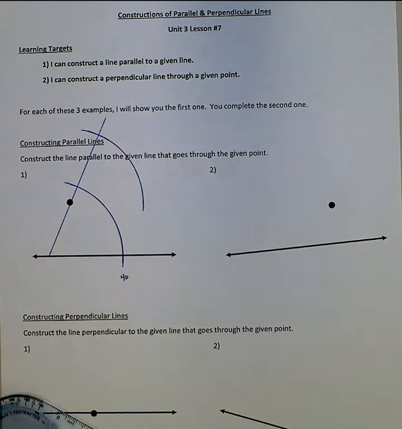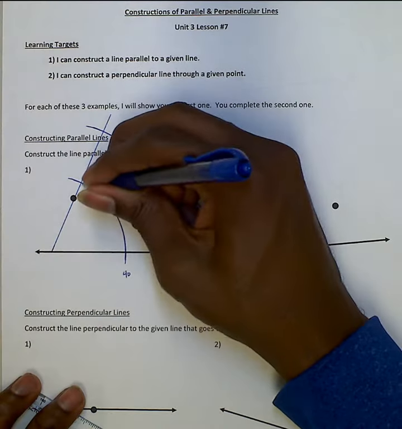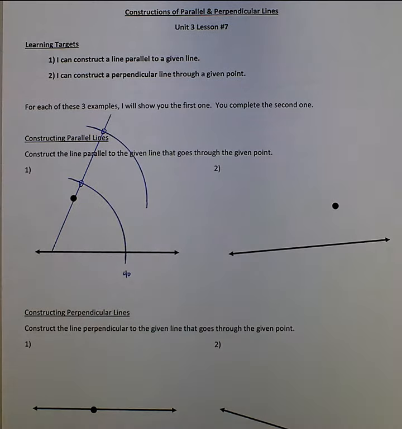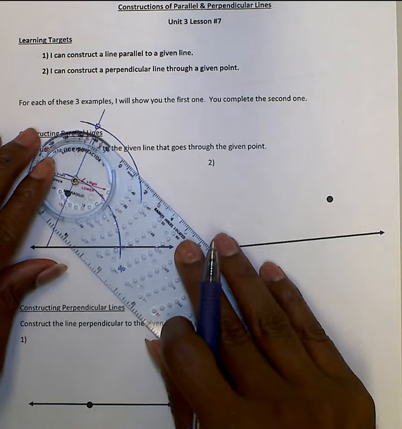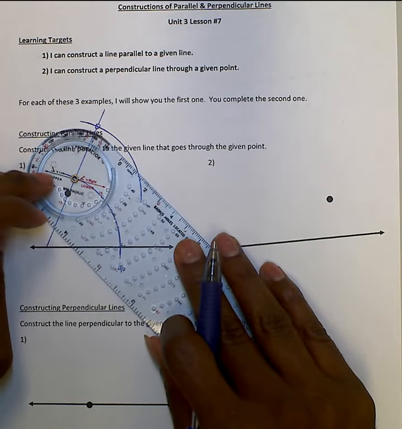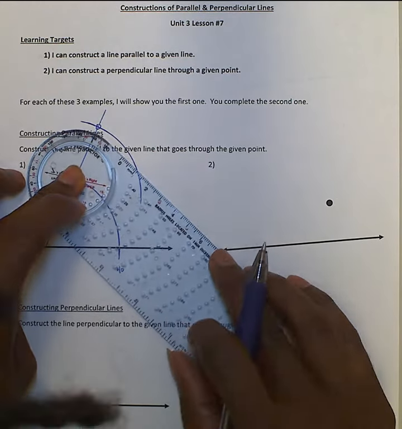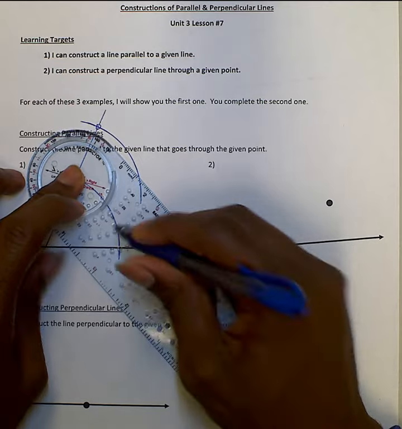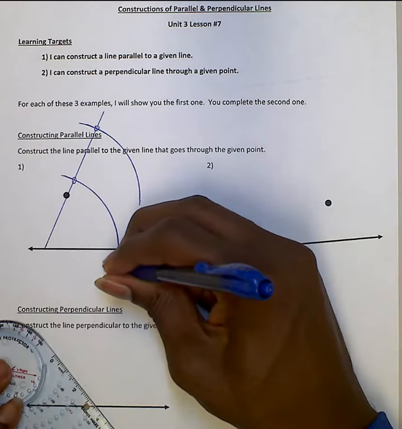And that creates a new point for both of these. Now I'm going to put my pivot on that new point and find where it intersects with my original arc. It intersects right here. What number is that? 47, 46, 45, 44. I'm going to write the number 44 so I know it.